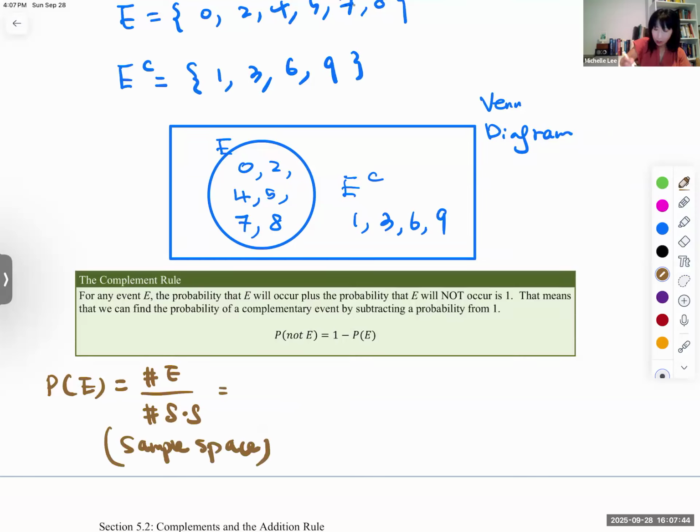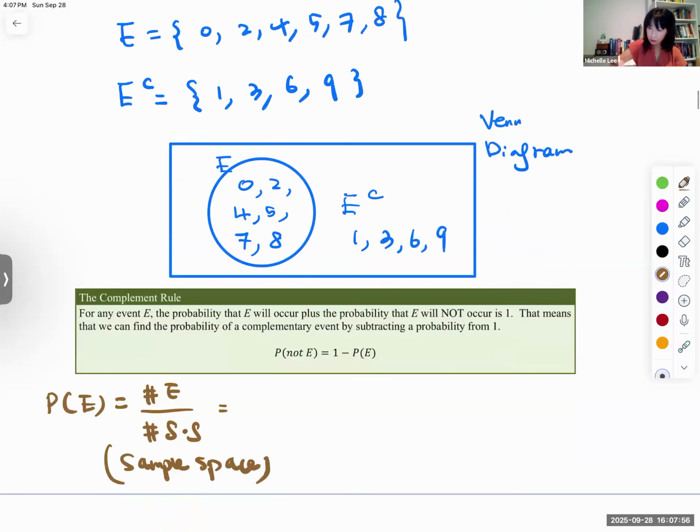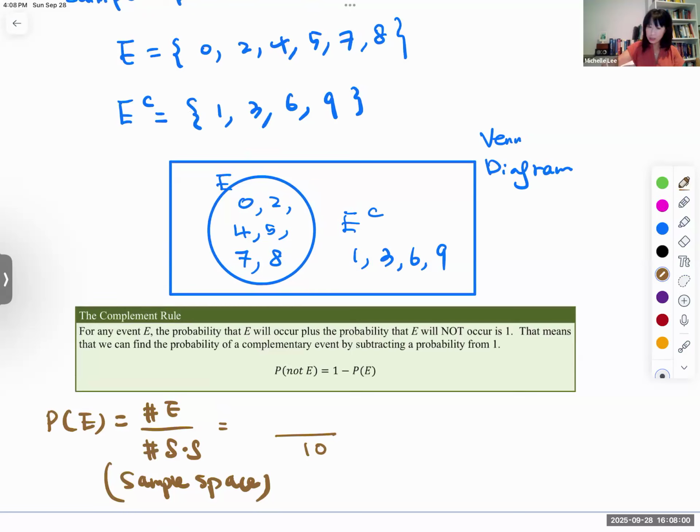Okay, then how many are in the sample space? Let's take a look. The sample space is from 0 to 9, so there are 10. How many in event E? There will be 1, 2, 3, 4, 5, 6. So it's 6 out of 10, which is 0.6.